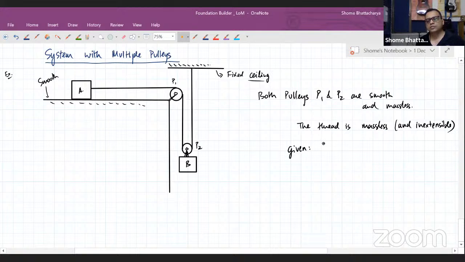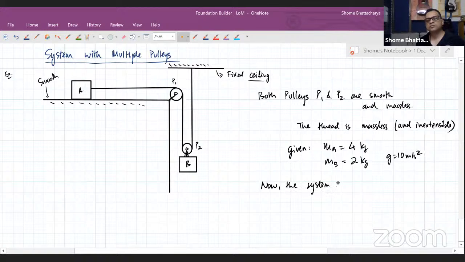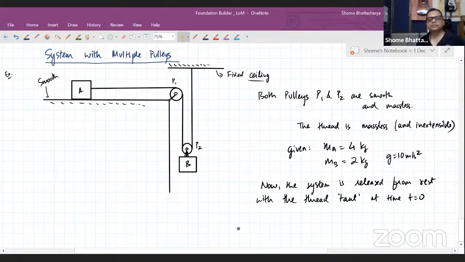So this information is given. Now the system is released from rest with the thread taut at time t equal to 0.